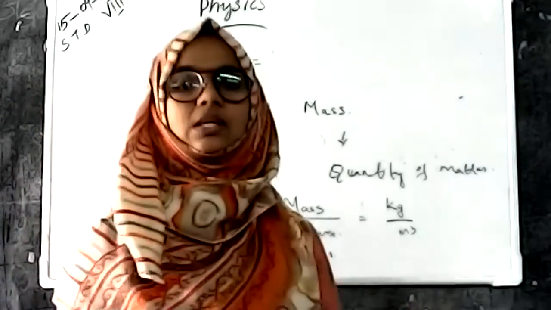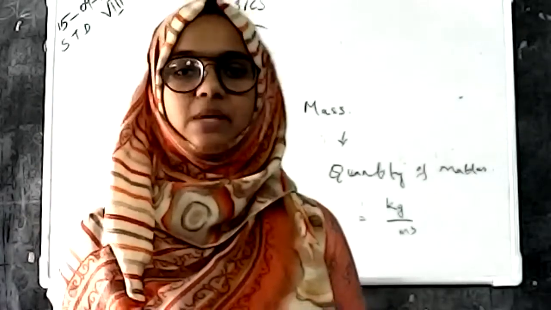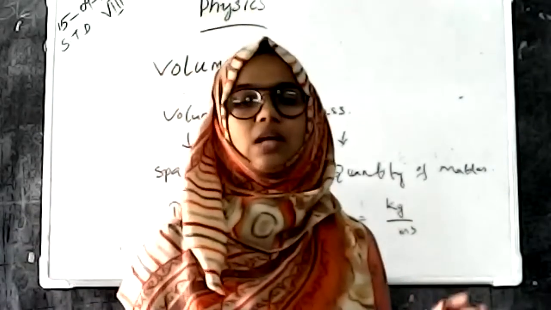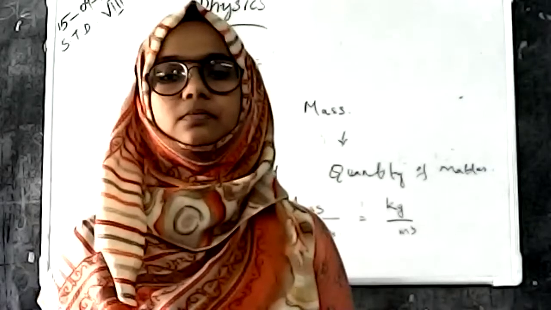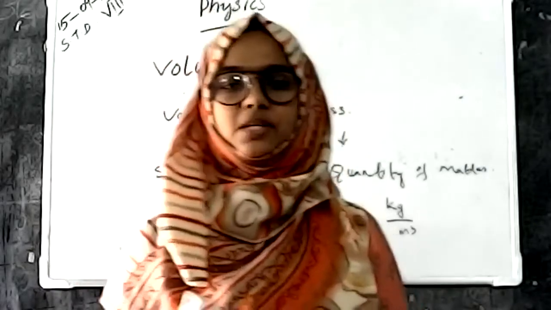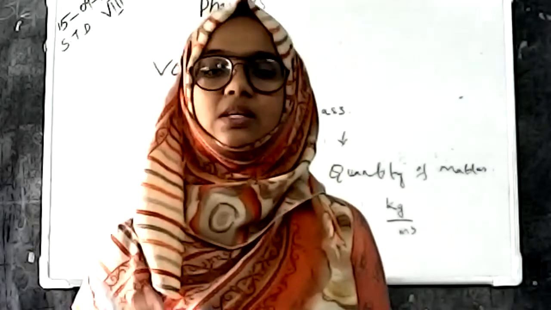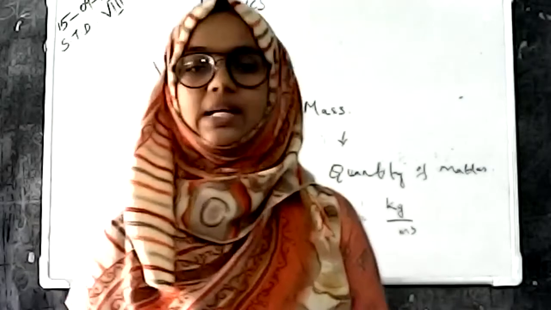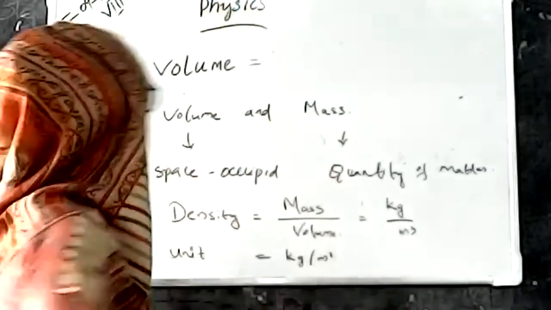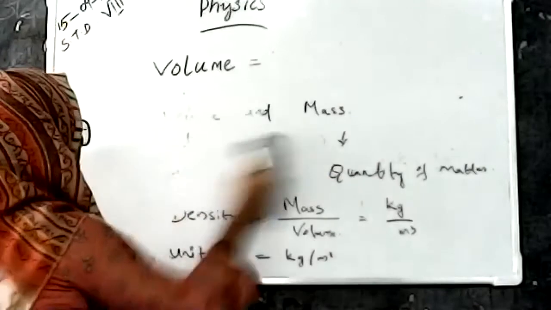So now we are discussing what the volume of a substance is and what the density of a substance is. The density of a substance is different for different objects. To understand this, we have to see a simple experiment.